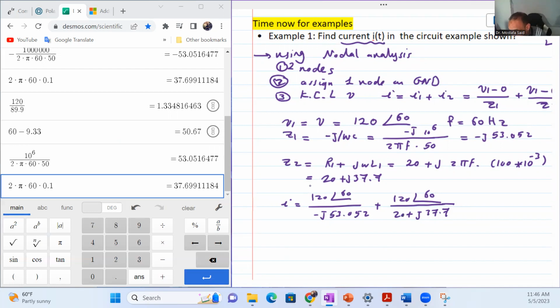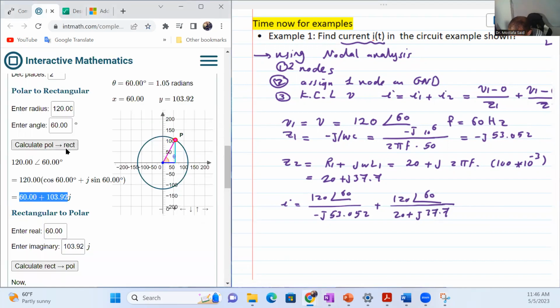So we're going to convert the 120 angle 60. We're going to go to this website, which I shared the link with you guys in this lecture. So the amplitude or the radius, as we learned last time, is 120, and the angle is 60. I did this before, and you hit calculate polar to rectangular, and here is the result.